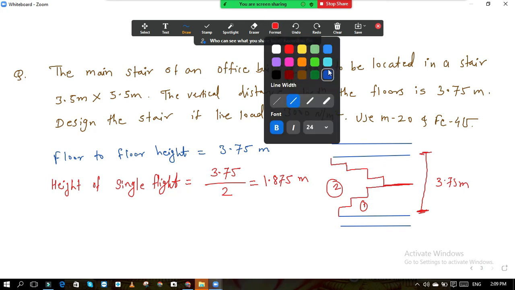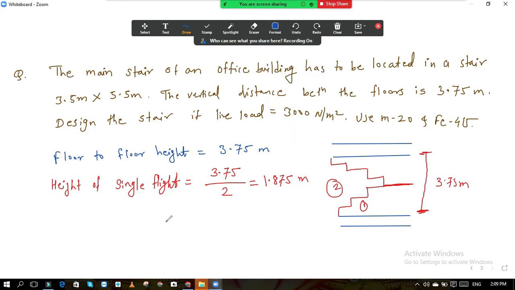Now we will assume the dimensions of riser and tread. So here, assuming riser R is equal to, how much will I take here, 150 mm. 150 mm riser, and tread T is equal to, I will take the tread as 270 mm.